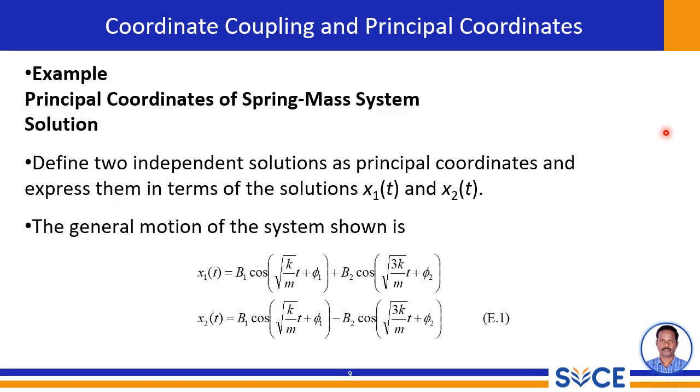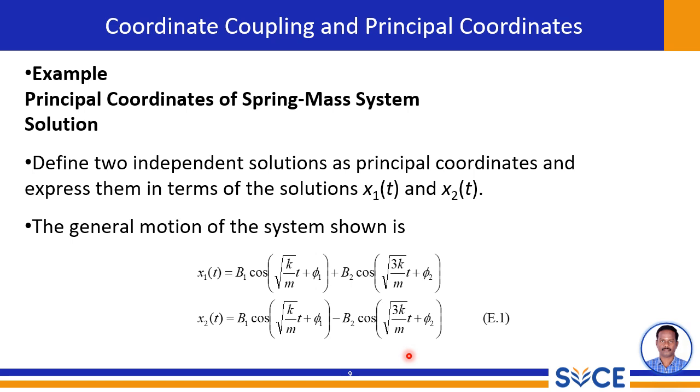Observe how x1 of t and x2 of t are related. They both contain the same cosine terms but with different signs. This relationship is crucial for understanding the system's behavior. These equations show that the motion of the system can be expressed as a combination of two independent solutions. These independent solutions are the principal coordinates we are looking for.